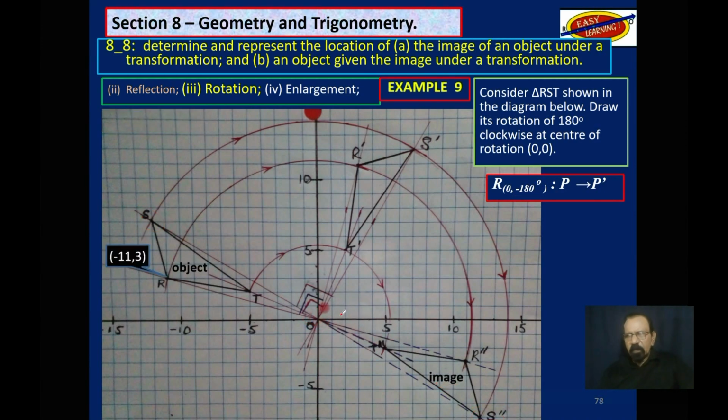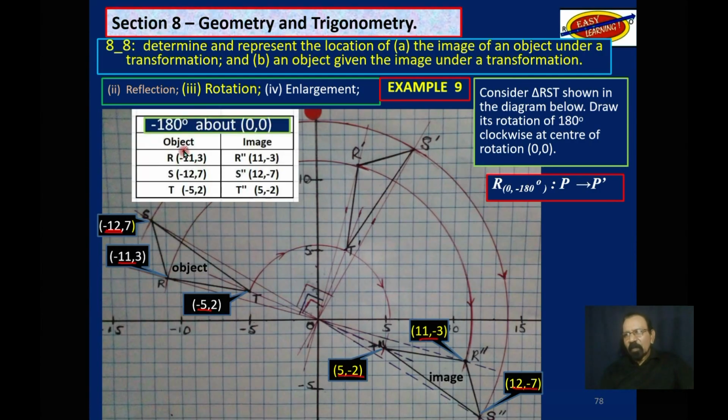Can that be calculated? Yes, and it is the same thing that we have seen before. Negative 11, 3 becomes 11, negative 3. Negative 12, 7 becomes 12, negative 7. And negative 5, 2 becomes 5, negative 2. We have seen this so many times before. So what happens?